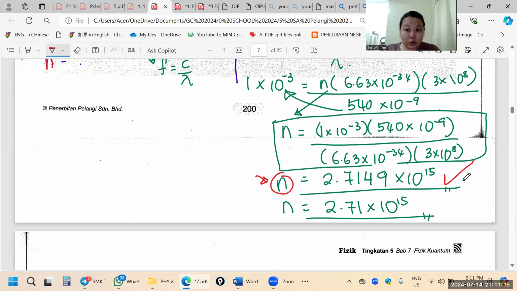If you add any unit here, then directly wrong, understand? So this is number, so no need unit. If you just have 2 decimal places, sorry, directly wrong. So at least 3. When I mark, I still find out many students write 2 decimal places only.